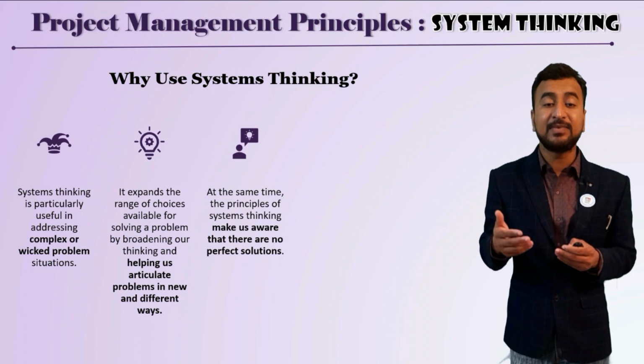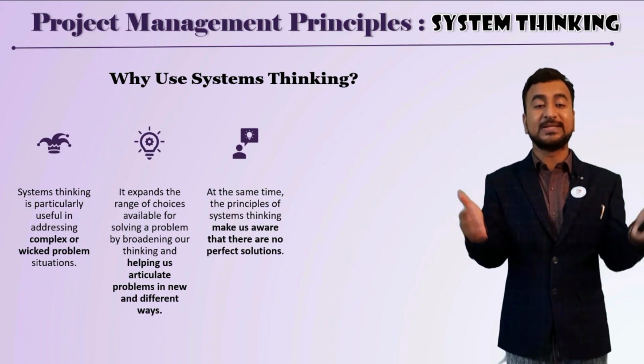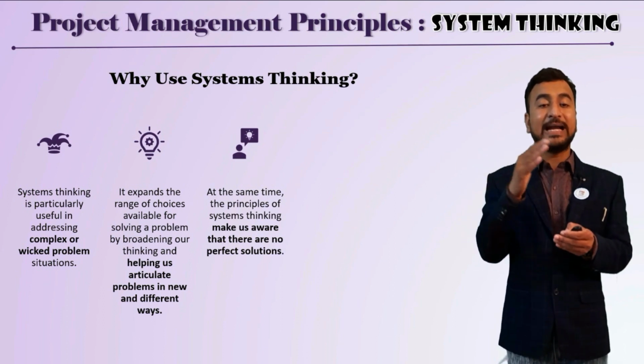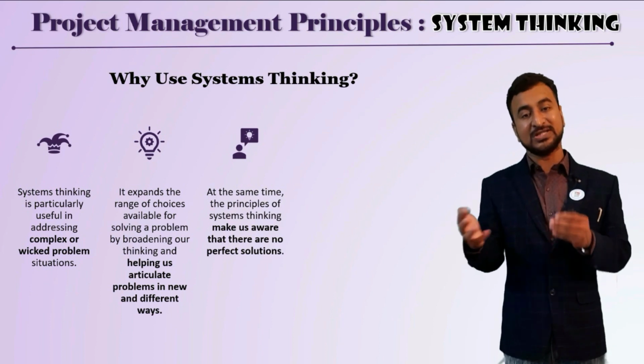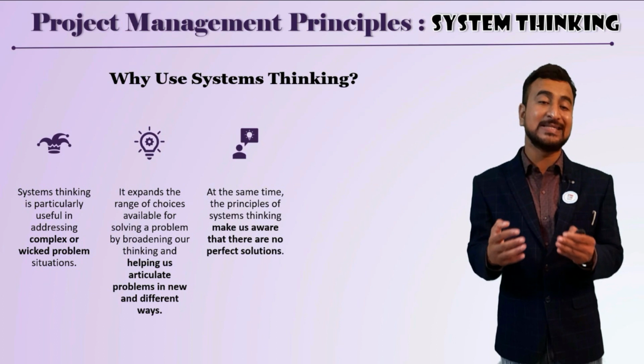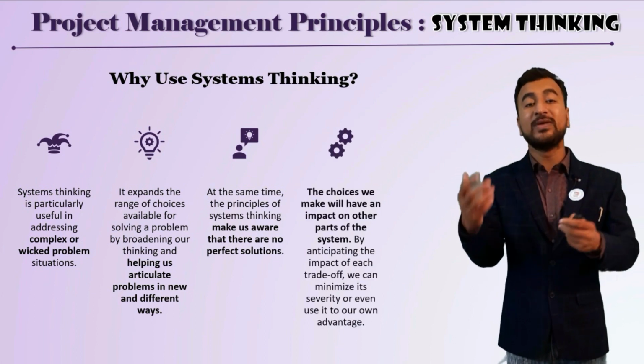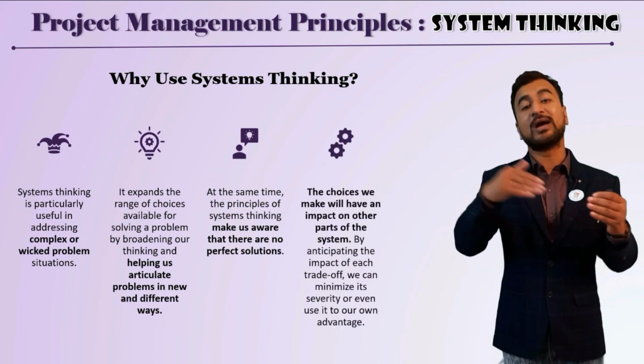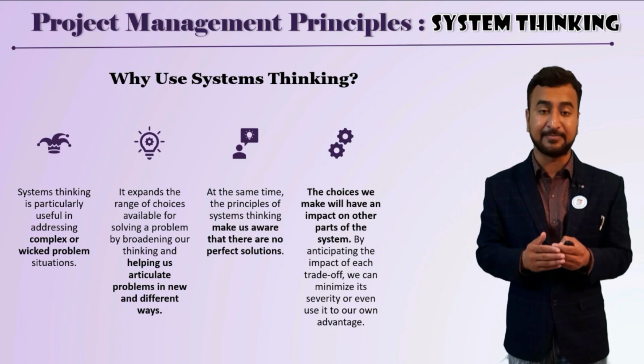At the same time, participants in systems thinking become aware that there are no perfect solutions. We have to adjust to the solutions available and go with an optimum solution. We cannot wait indefinitely.